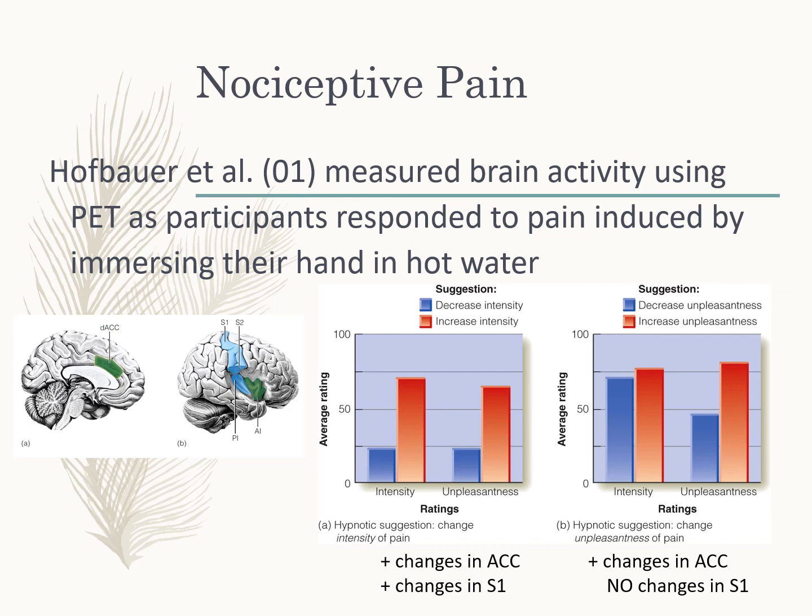And so for intensity, they might say something like, this is really painfully hot, it's burning hot. And for decreasing, they might say, this is not particularly hot, it's painful but not too painful, it's maybe just warm. I'm not really sure what they said, but they were trying to get at that idea of intensity. And for unpleasantness, they're really trying to increase or decrease it.